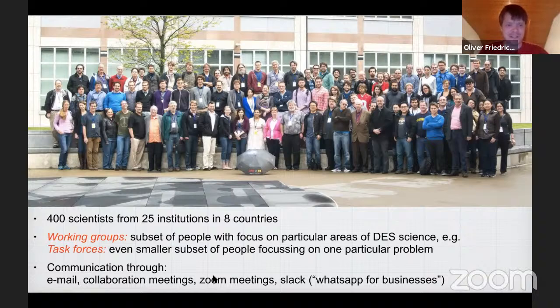And this really means that these online communication channels are our main form of communication, which, to be honest, made it really easy for us to transition to this whole lockdown situation, because this was our communication anyway. Just having these Zoom meetings and emails and Slack. So this is roughly how we organize ourselves.